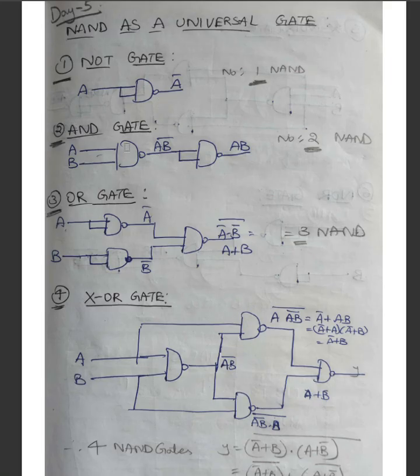For an AND gate, you implement a NAND which is AB whole bar, and if you implement a NAND again, it gives AB whole bar again bar, so the bars cancel and you get AB. So that's two NAND gates. For an OR gate, you take two single-input NAND outputs, A bar into B bar whole bar, which becomes A plus B. It's simply like that.